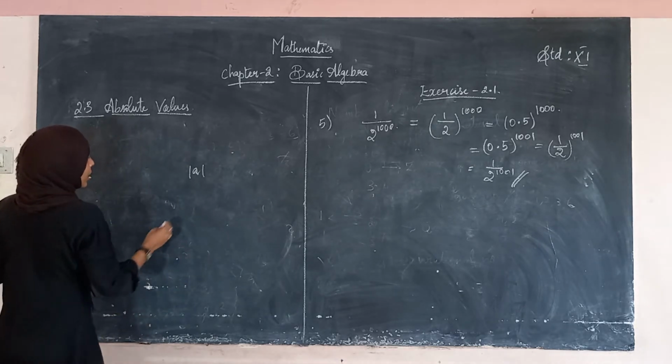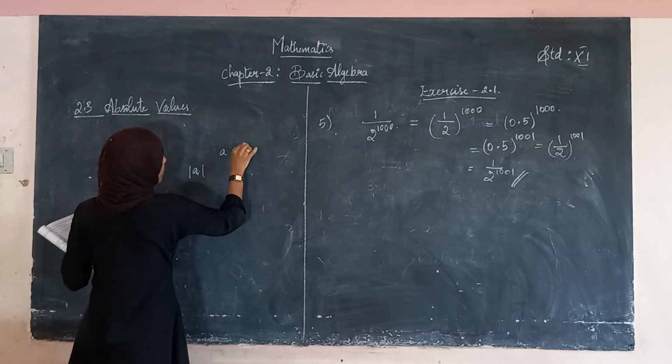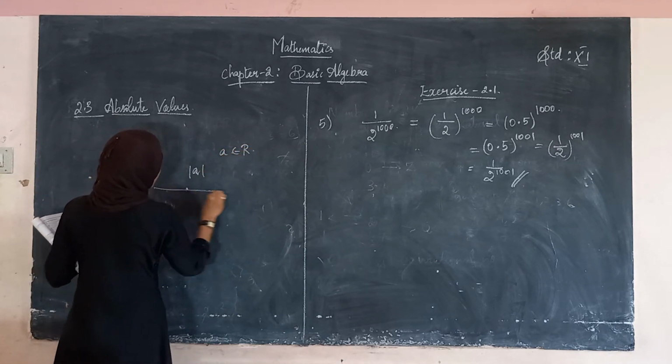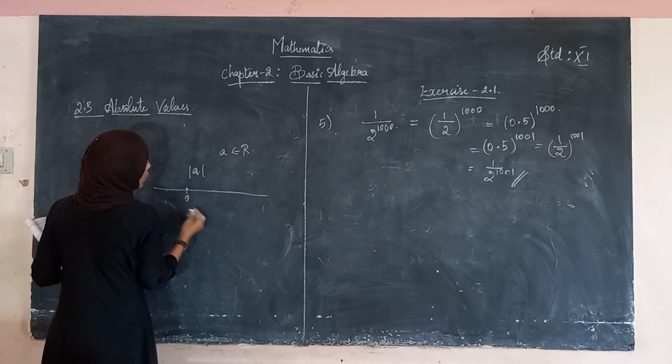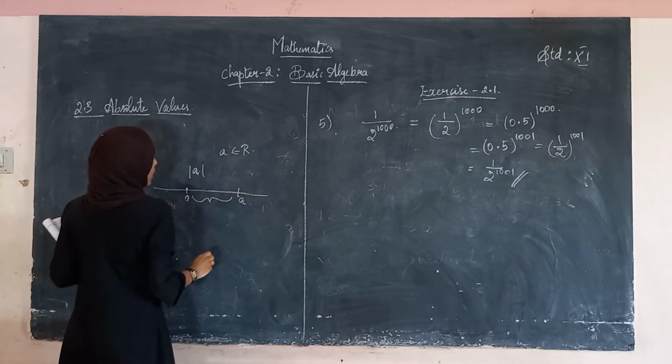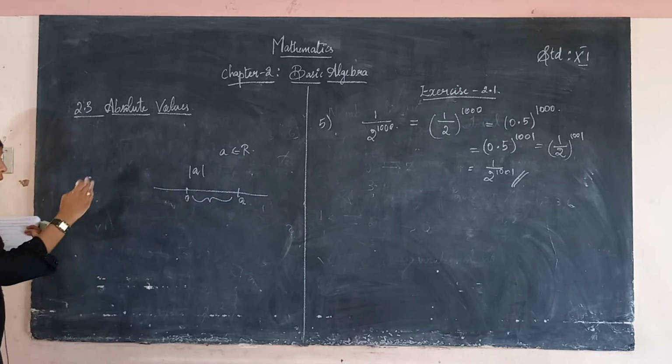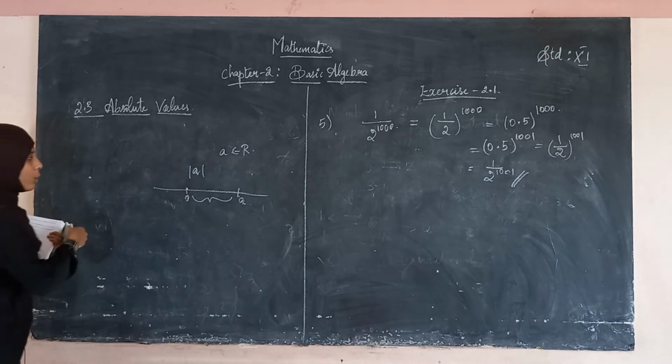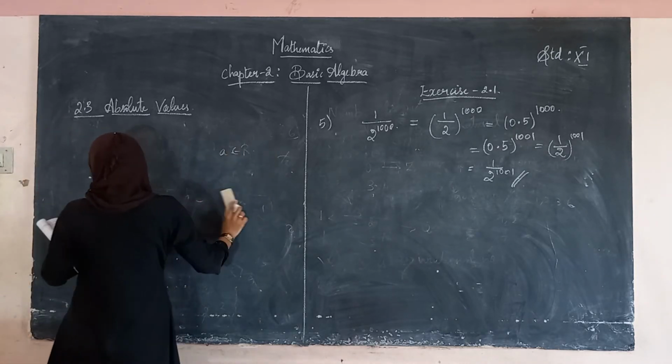Absolute value means a will be an element from R. If this is the origin 0, and this is the element a, the distance between the element a and the origin O is said to be the absolute value, and they have given that in notation in your book.